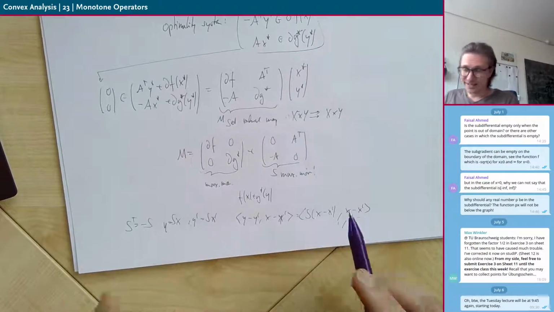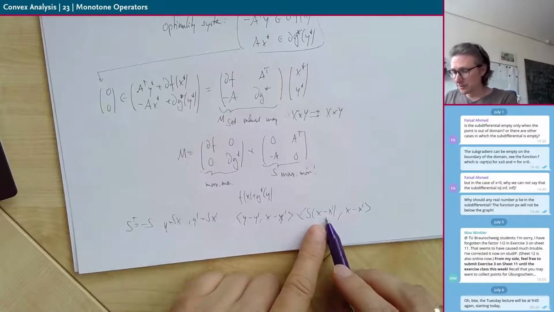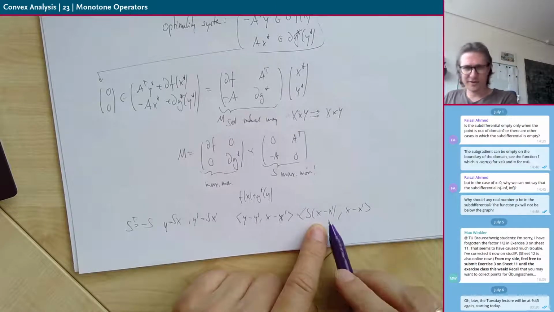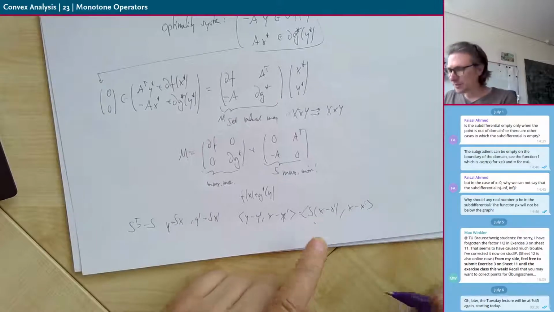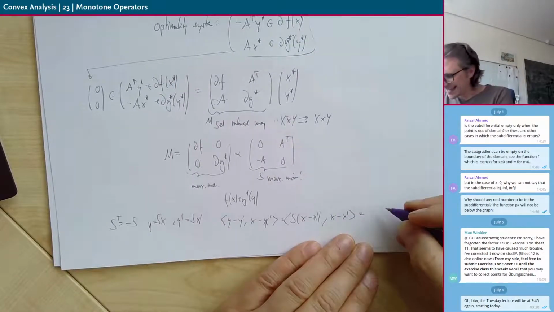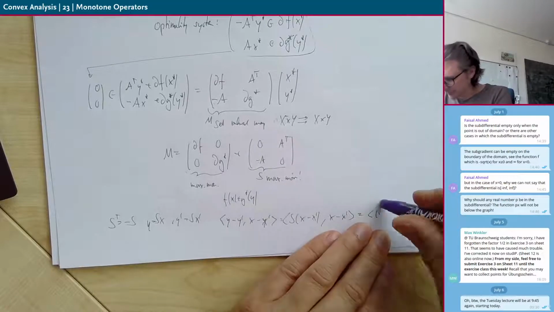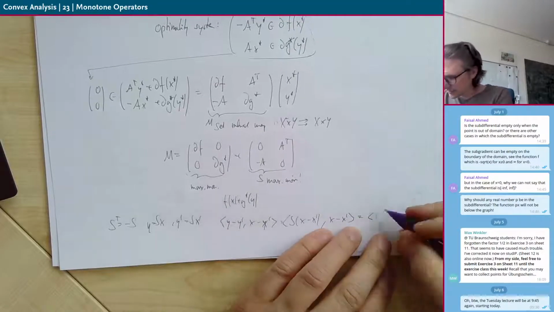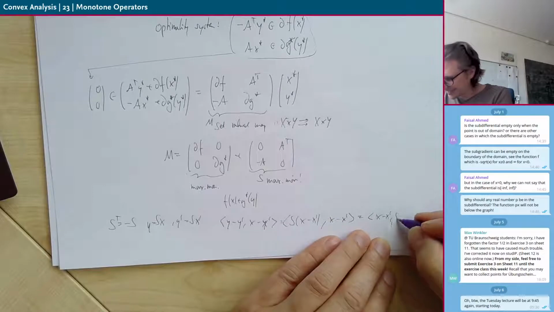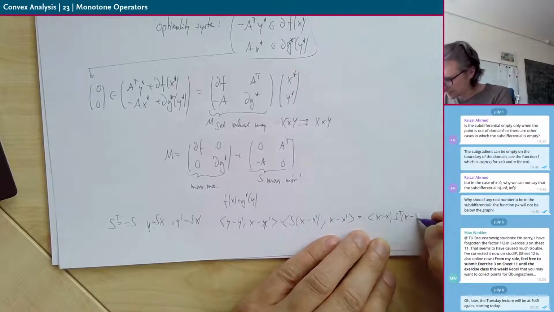This is the same as, by using the transpose, x minus x prime times S transpose of x minus x prime.